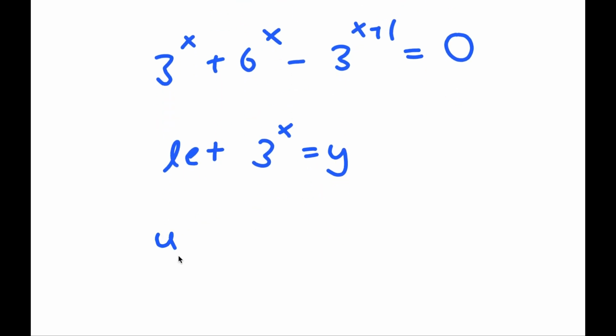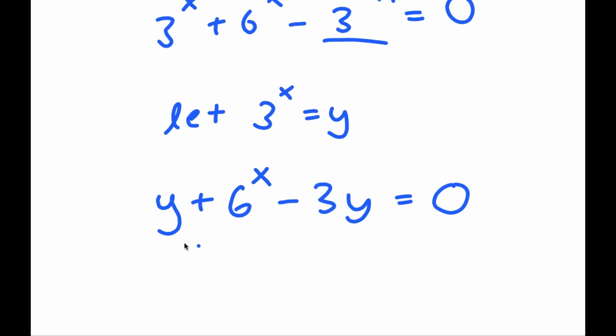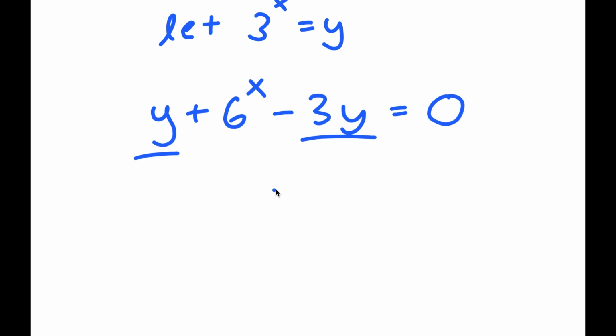Meaning I get y plus 6 to the power of x minus 3y, this is the same thing as 3y, is equal to 0. And y minus 3y is negative 2y. So I get 6 to the power of x minus 2y is equal to 0.